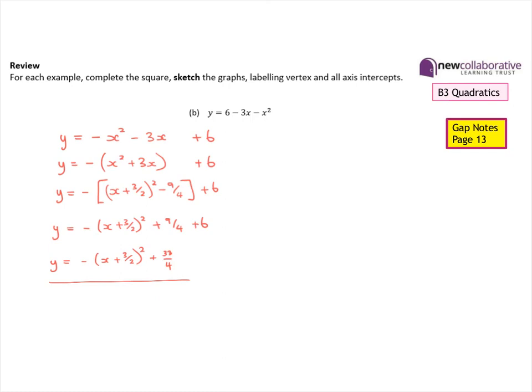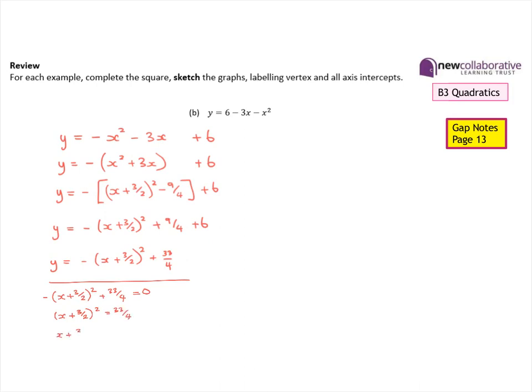Now we can solve to find our roots. So negative x plus 3 over 2 squared plus 33 over 4 equals 0. So if we rearrange, we're going to get x plus 3 over 2 squared equals 33 over 4.